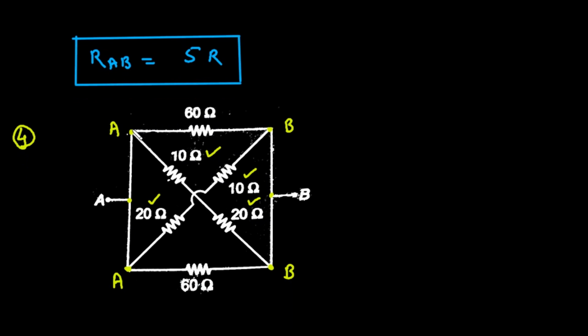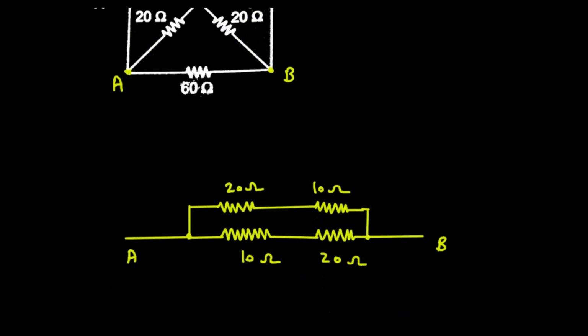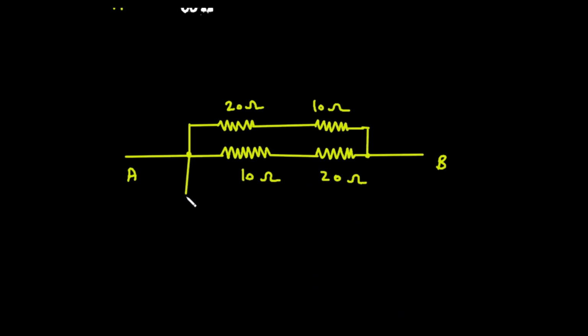Then again between terminal A and B, this is 60 ohm. It will be 60 ohm.